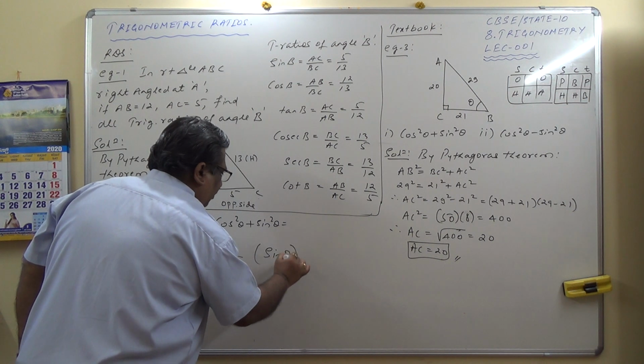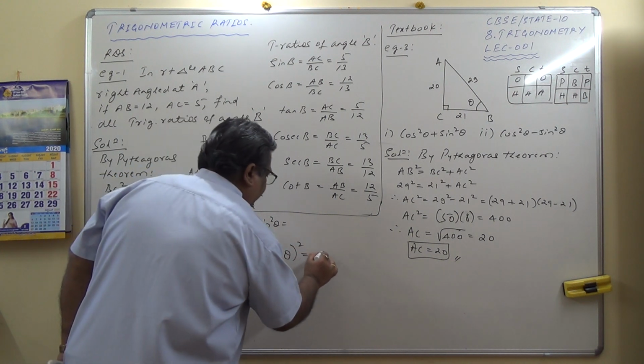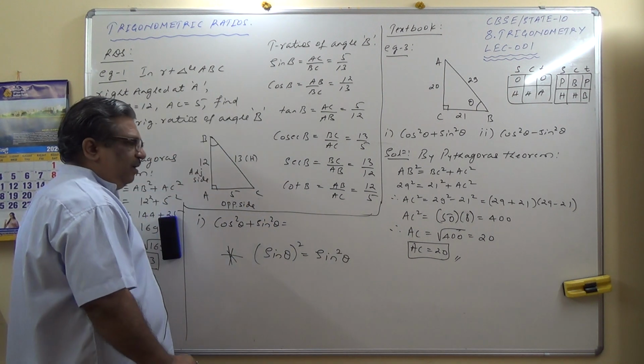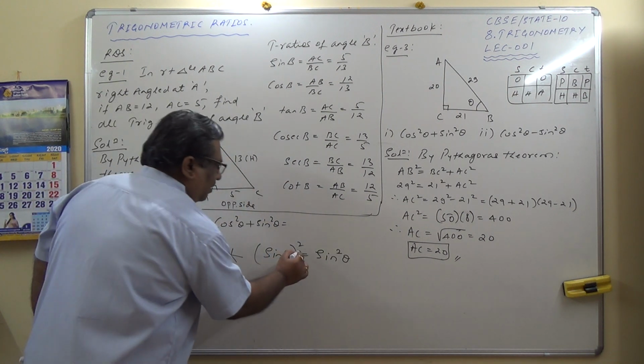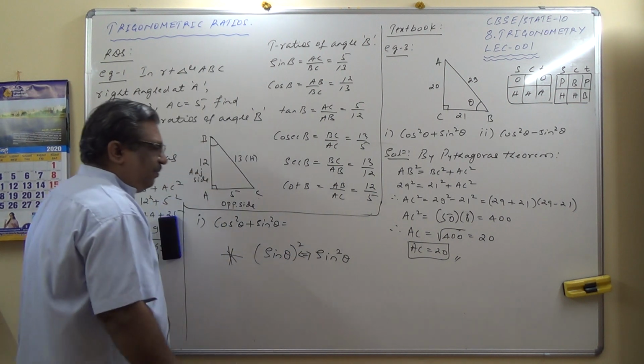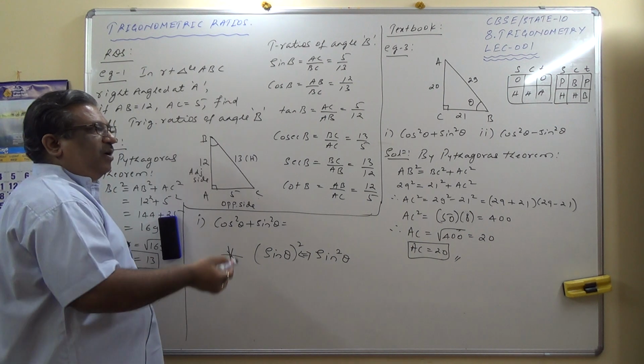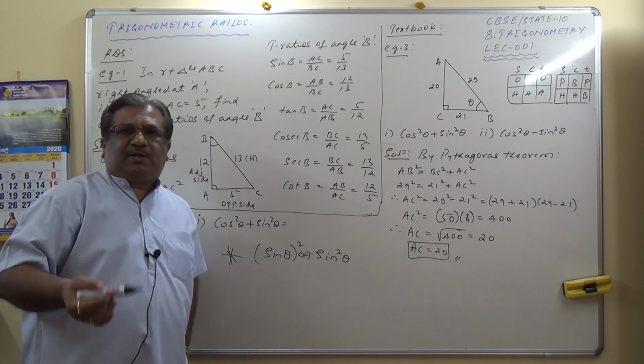Sine theta the whole square equals sine square theta. Sine square theta means sine theta the whole square. Cos square theta means cos theta the whole square.